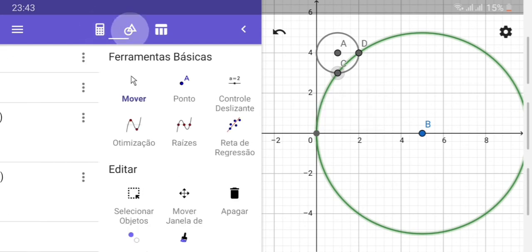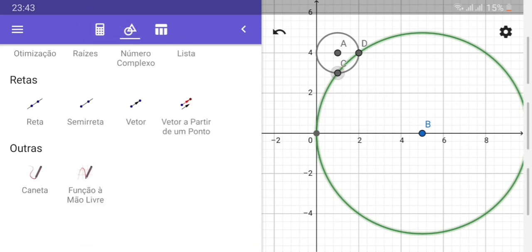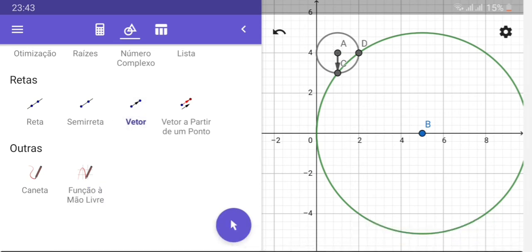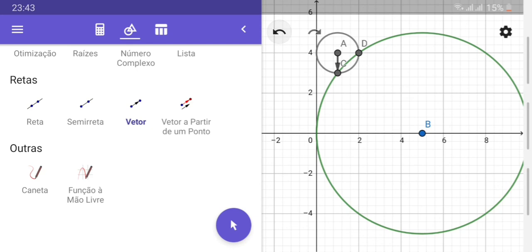Now just before we end, I wanted to talk a bit more about why, when we did the distance between A and C, and then C and D, we had two equations. It is the same because we had variables.